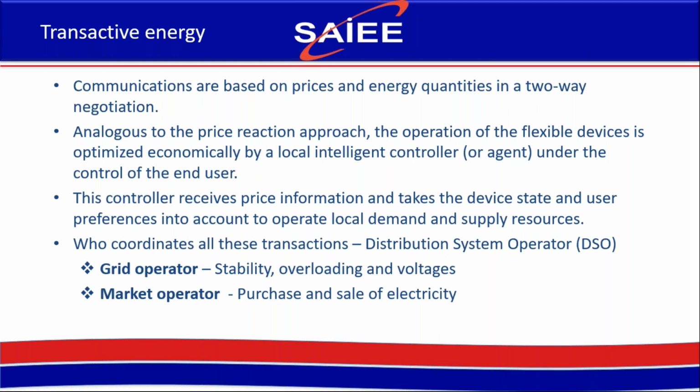So currently, everyone says there must be a DSO, which is a distribution system operator. That must be there, that must make sure it coordinates all these transactions. So that DSO must be a grid operator and must be a market operator. And we find out if you're having a DSO, that becomes problematic.